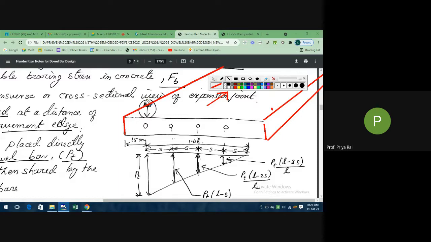We have already seen that at the edge, stress is always greater compared to the interior and the corner. So among these three critical positions, the edge position is the most critical. That means maximum stress will be developed when a vehicle travels through the edge of the pavement. So that's why I have taken this wheel load somewhere at the edge.